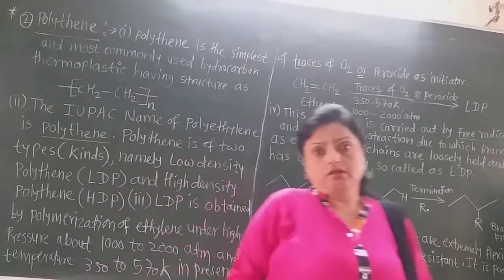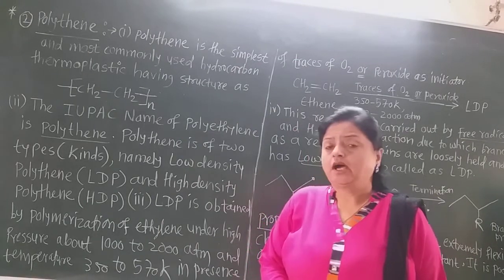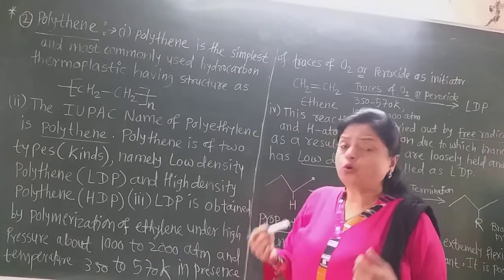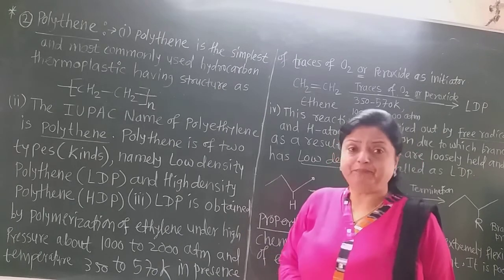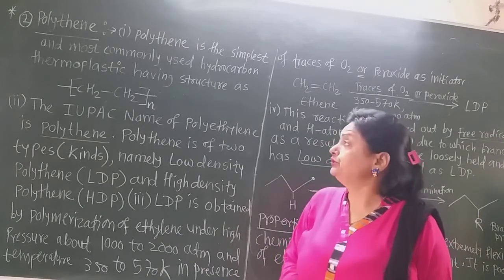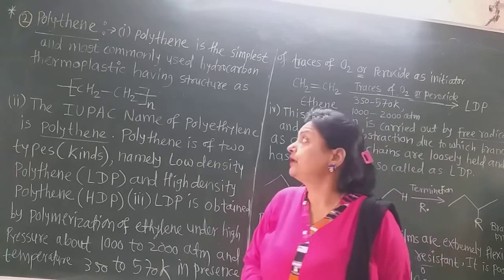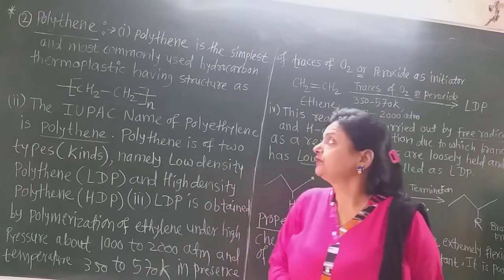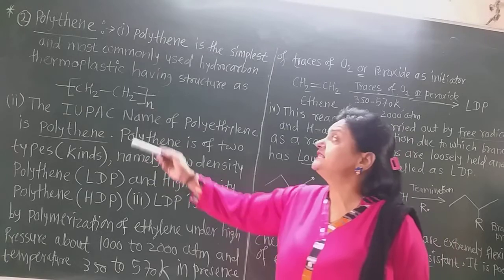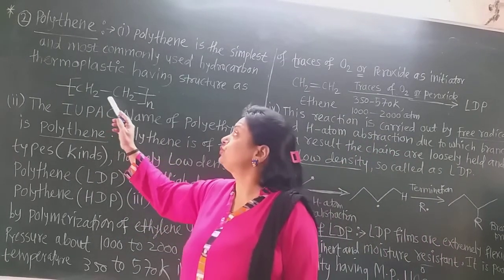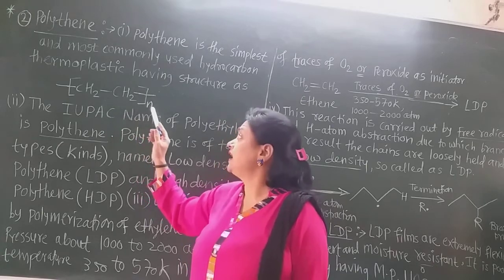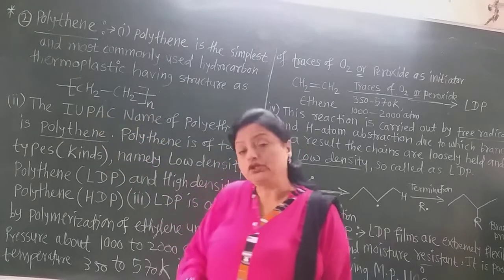Now these polythenes are very commonly used. Polythene is the simplest and most commonly used hydrocarbon thermoplastic, having this structure. Now this is the structure of polythene. Many CH2 units are joined to each other.